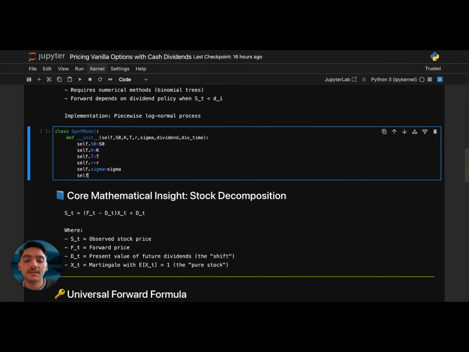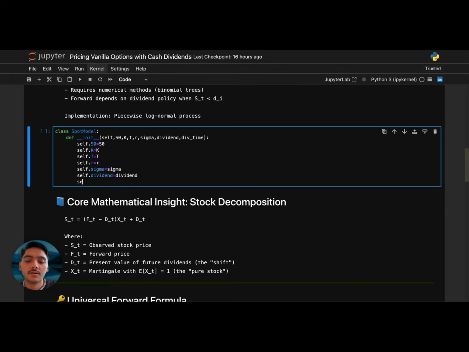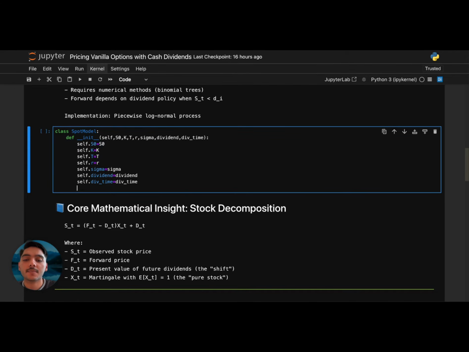And self.dividend is equal to dividend. self.dividend_time is equal to dividend_time.